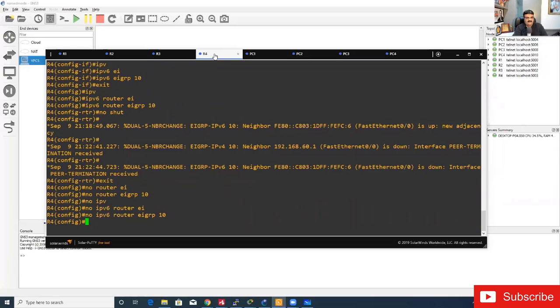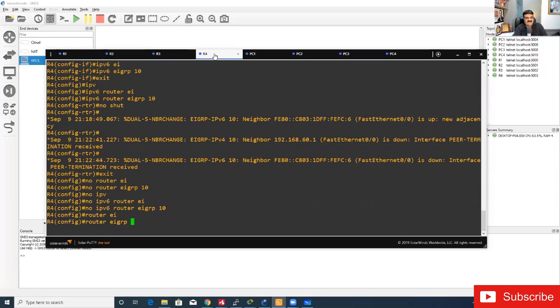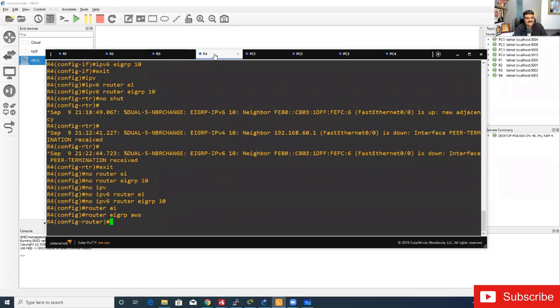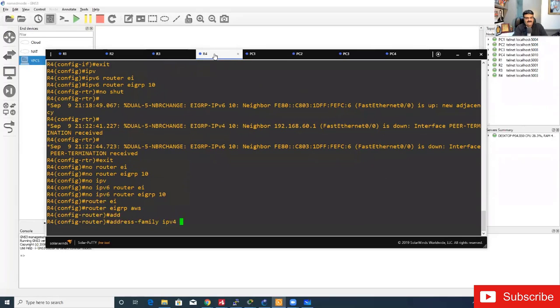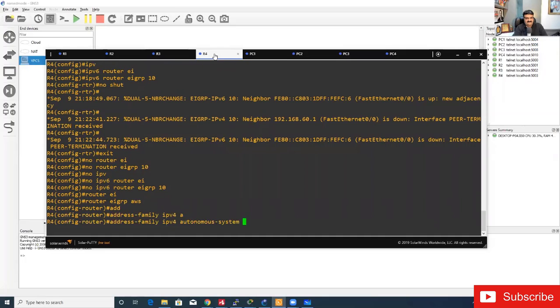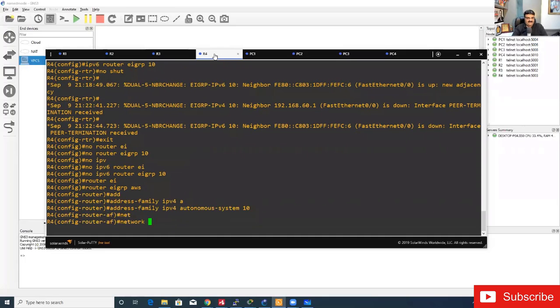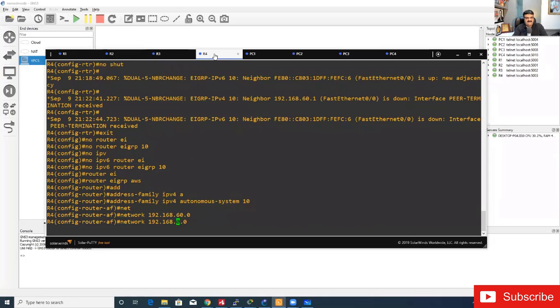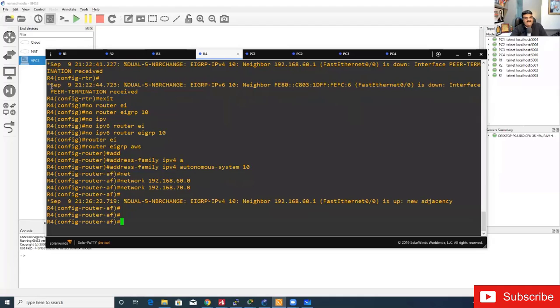Going to R4, router EIGRP, you can give any name, address family IPv4, autonomous system number 10, and I'm going to add this network 192.168.60.0 and 70. Got it done.